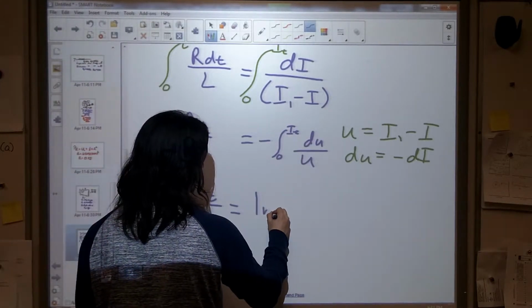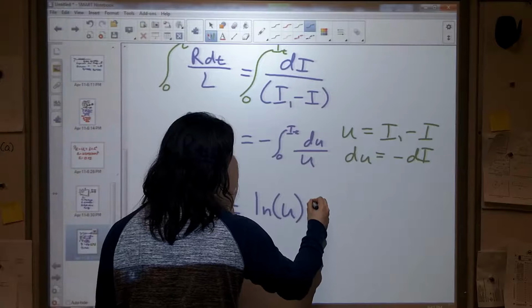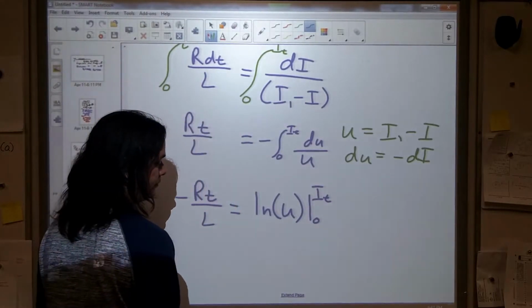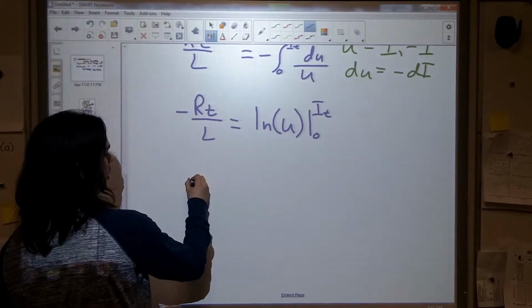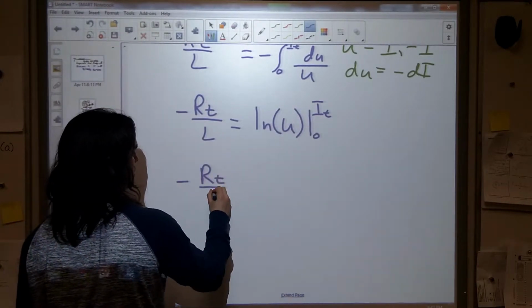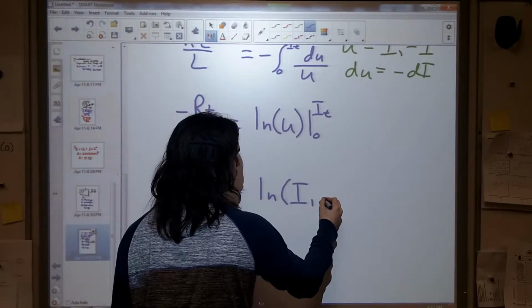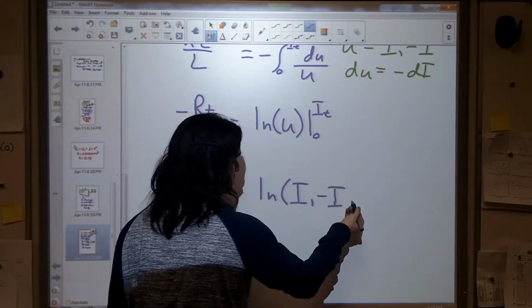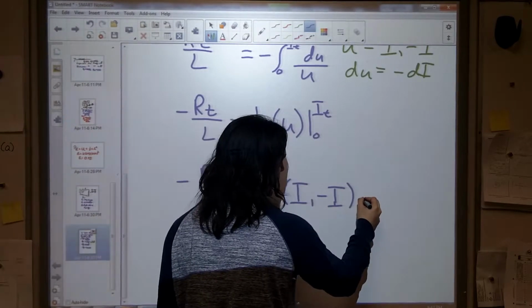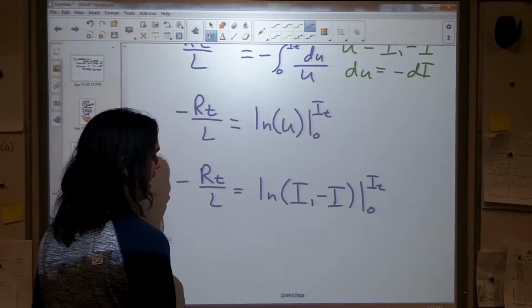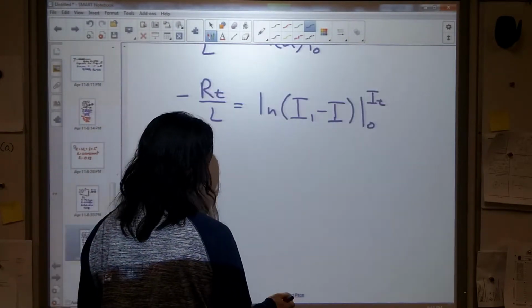We end up with natural log of u, evaluated from 0 to the current at some time t. I'm going to replace u with what it is. Natural log of our final current minus our current at whatever time we're looking at. And we're going to evaluate that from 0 to the current at time t.